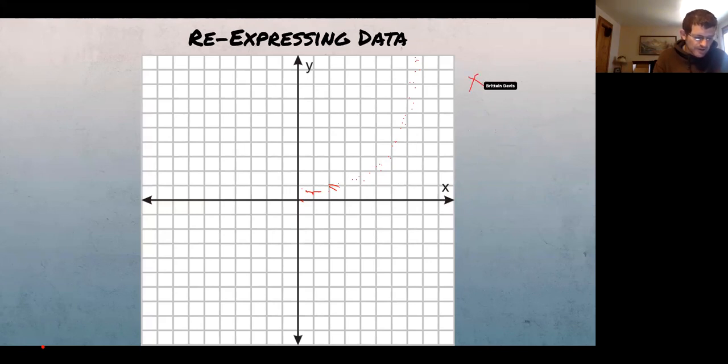So if it starts off as some kind of a quadratic equation that models this perfectly, but we can't do linear regression with a quadratic, then, well, here's our solution. We can just take the square root of it all. All right, so I can take this data, I can take the x values here, or maybe the y value, let me think through.